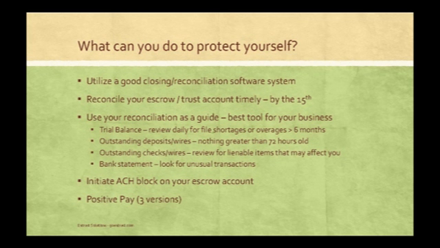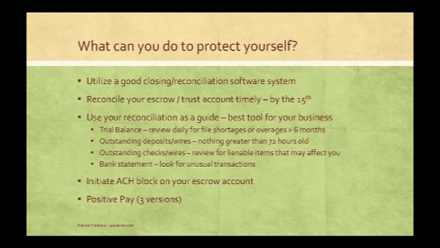Positive pay. Now, there's really three versions of positive pay. You have the basic version of positive pay where the bank presents you information of which you have to accept or decline by a certain time frame. Usually it's 12 o'clock. If you don't give them any information, they just assume that all the checks are good. Then you have the version which gives detail to the bank.